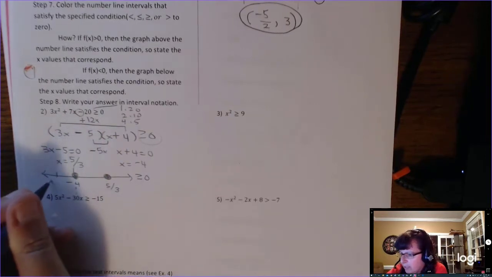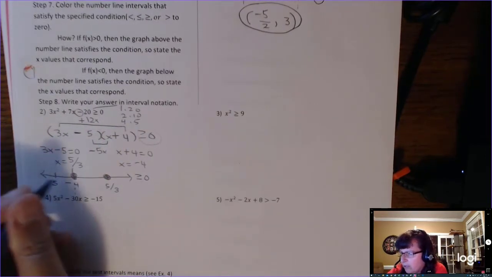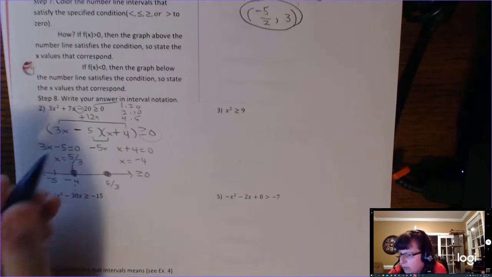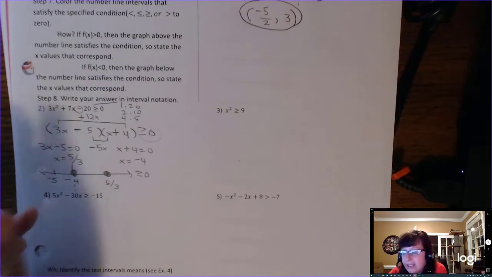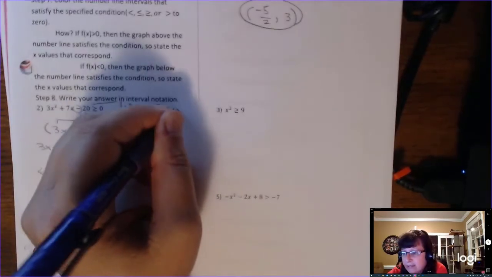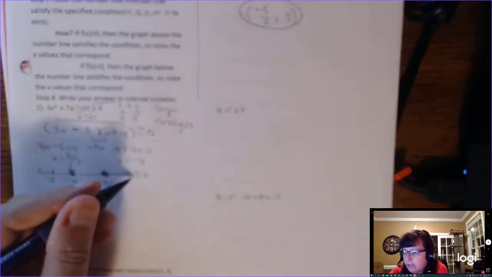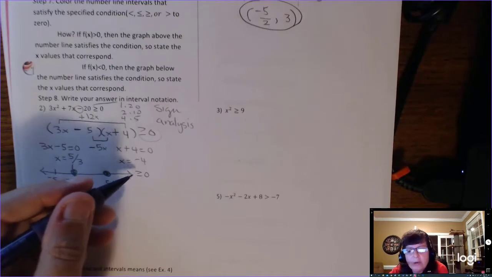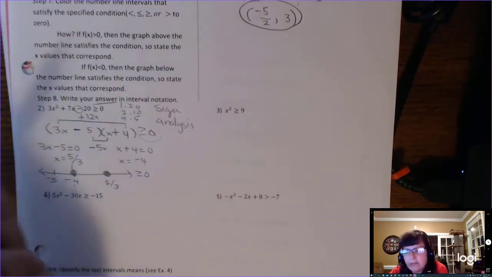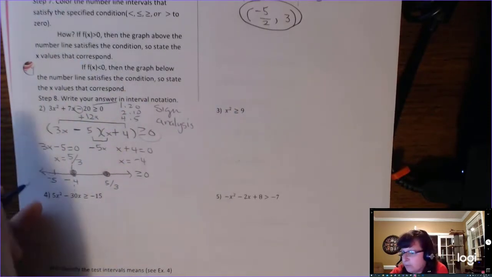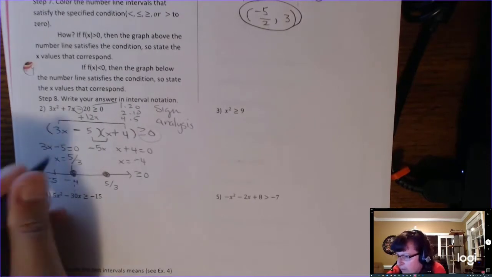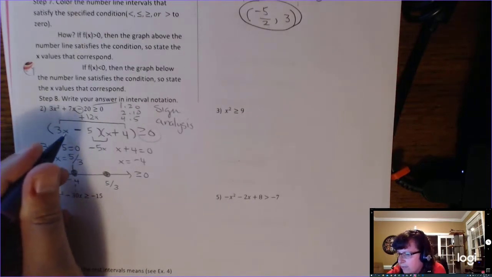So I'm going to pick a number that represents all the numbers to the left of -4 and just do some sign analysis. Because anytime you've got it to 0, greater than or equal to 0, or less than 0, it just means negatives and positives. So I'm just doing sign analysis. So if I put a -5 in here, I get -15 minus 5.